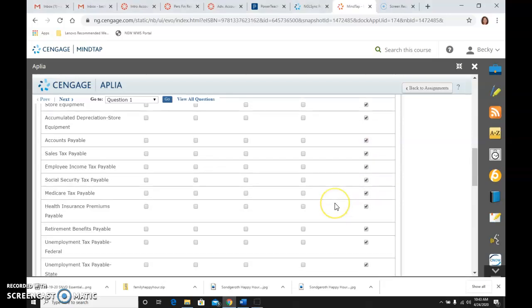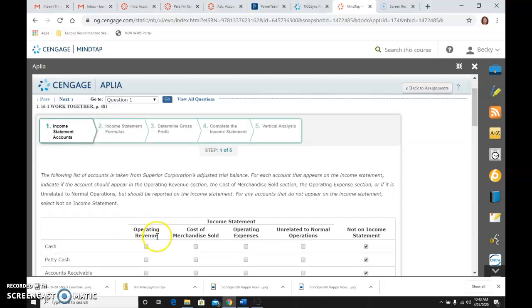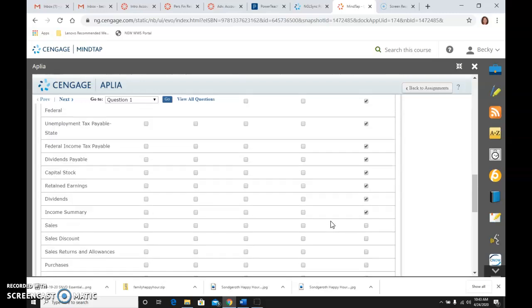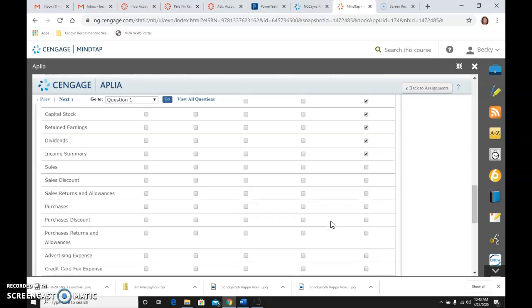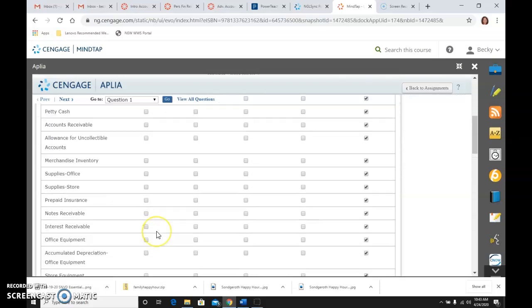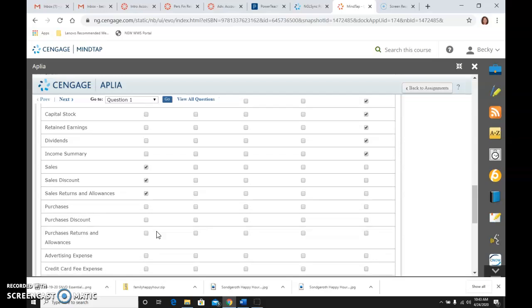So then, let's get these column headings again. It's operating revenue, COGS, OPEX, and unrelated. So keep that in mind as I start going. Sales, sales discounts, sales returns and allowances are all part of operating revenue. Cost of merchandise sold includes purchases, purchase discounts, purchase returns, and allowances.